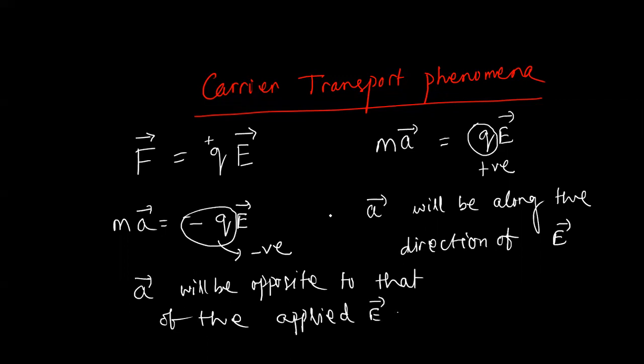Now, carrier transport phenomena is nothing but the movement of the charge carriers, and this movement of the charge carriers will generate current. This is what we are going to discuss today in this video. The net flow of electrons and holes in a semiconductor generates currents, right? And the process by which these charge carriers move is called transport.